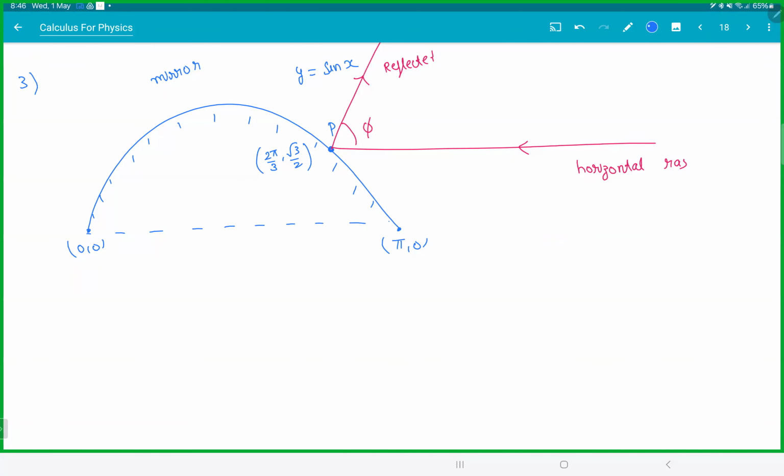So from here, draw the normal. So this angle would be half of the angle φ/2, because i is equal to r. From here, if you draw a tangent, that would be your tangent.